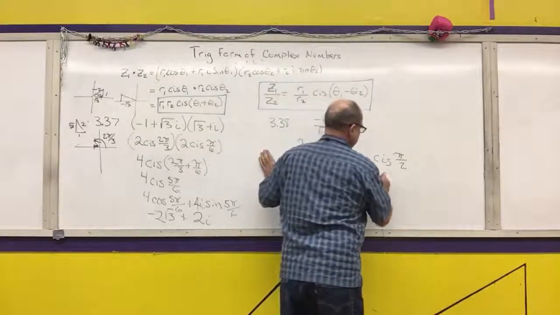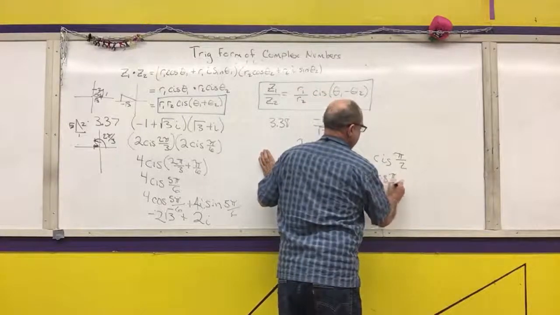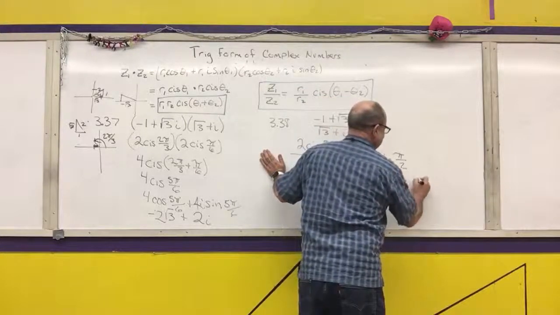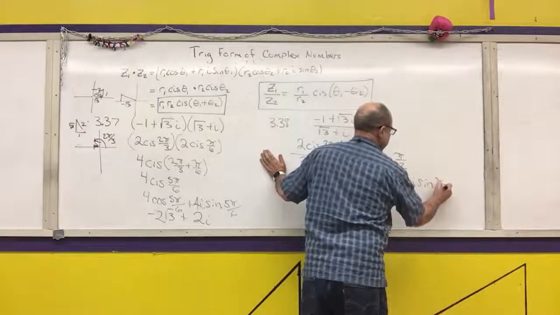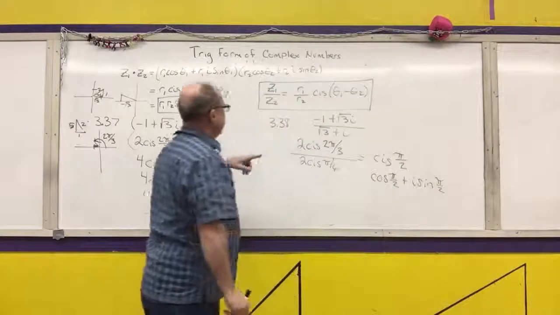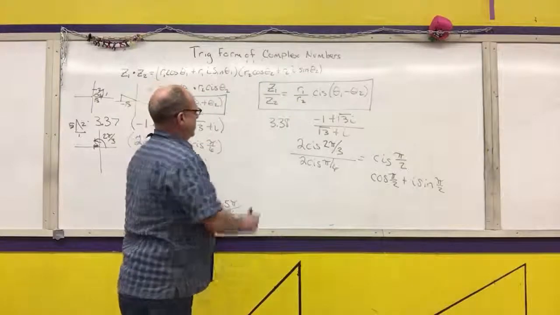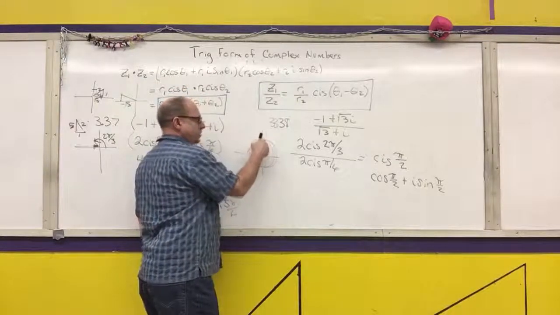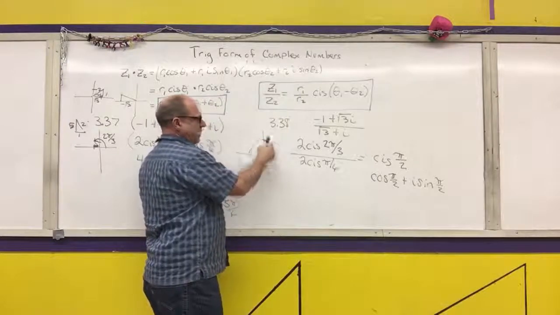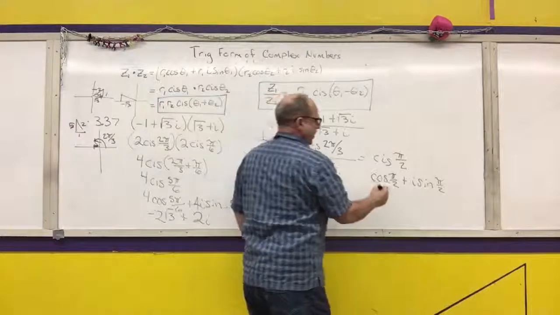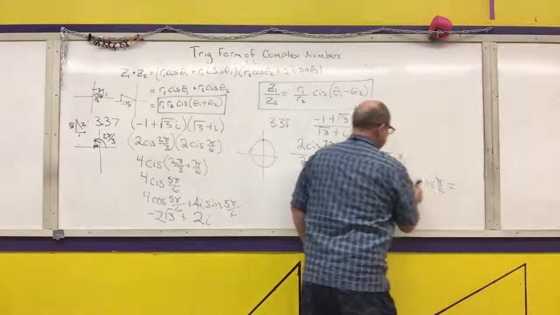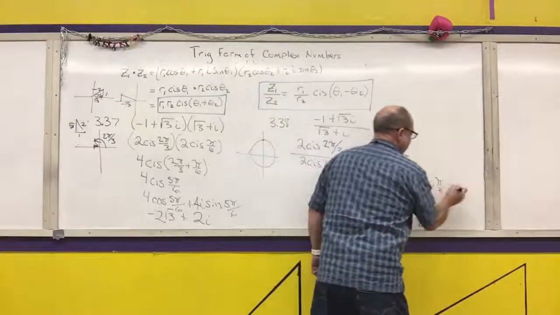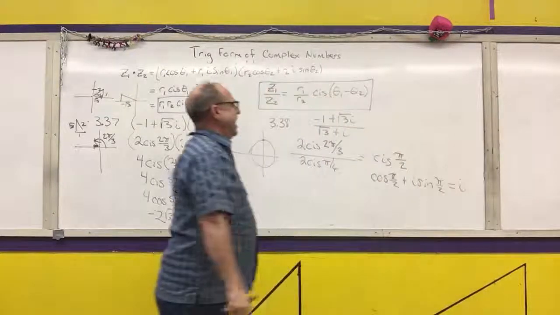So this is the cosine of pi halves plus i sine of pi halves. Well, the cosine of pi halves on the unit circle is 0, and the sine of pi halves is 1. So the final answer here would just be 0 plus 1i, or i.